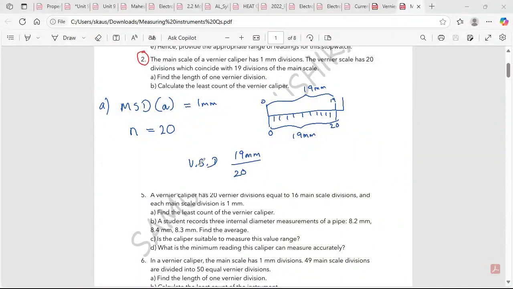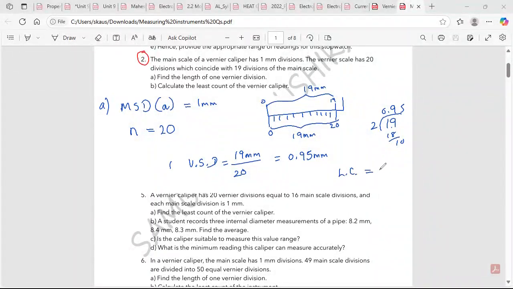So one vernier scale division is 19 over 20, that's 0.95 millimeter, right? That's one vernier scale division. They are then asking to calculate the least count of the vernier.